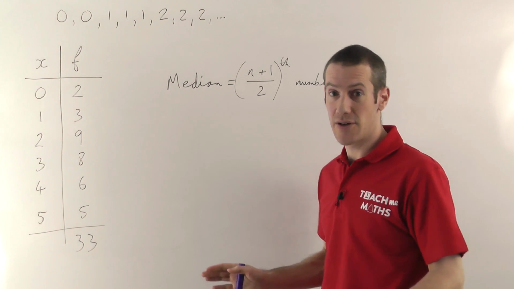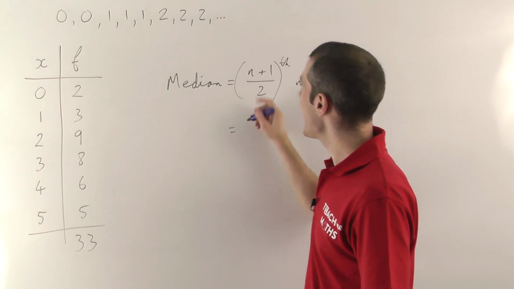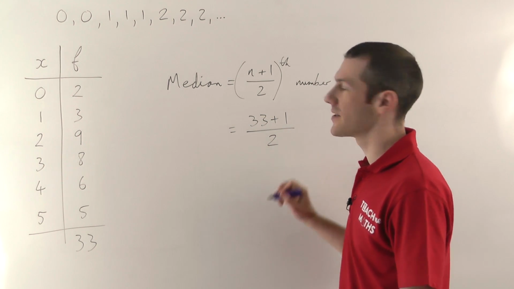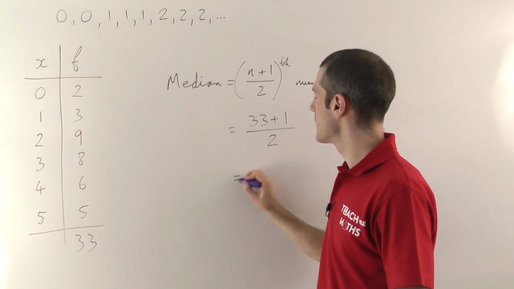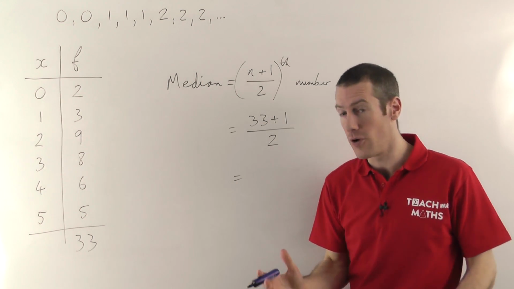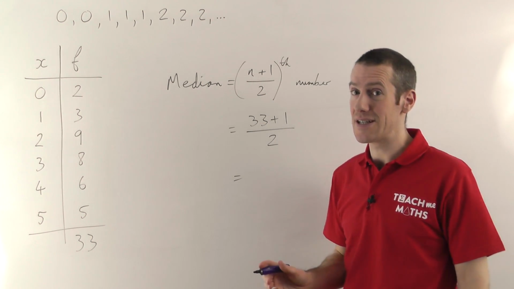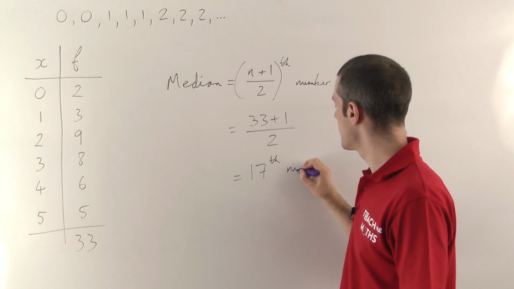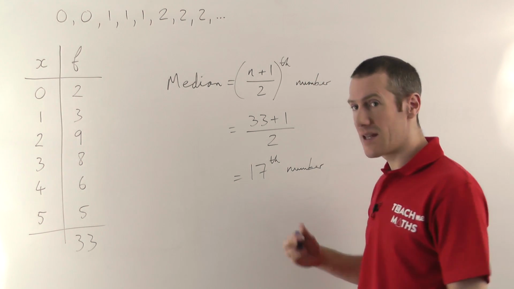So there are 33 numbers in our list. So n is 33. So it's 33 plus 1 and then divide it by 2. So 33 plus 1 gives you 34. Divide that by 2, you get 17. So in this case, the median is the 17th number in the list.